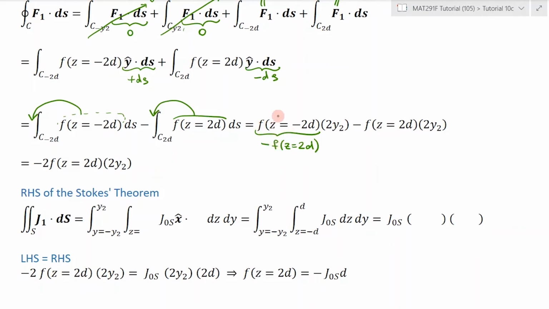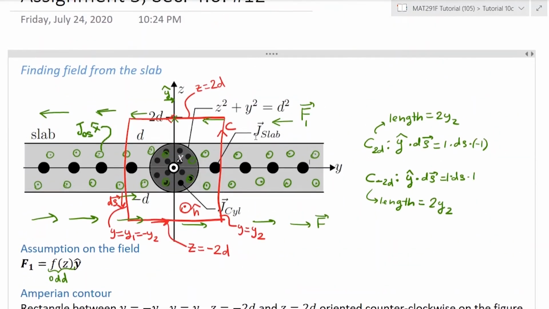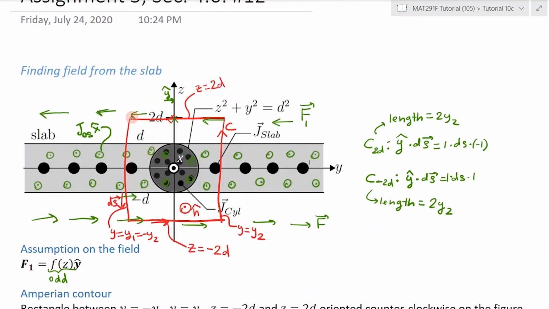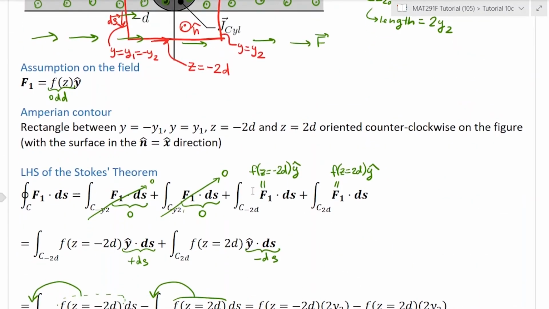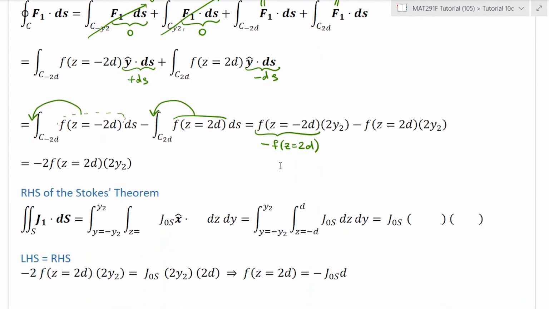Another explanation is that the y component flips sign on these two contours, so one is the negative of the other. Then plugging this in, we get this. So I just wrote 2 times this guy, and this would be the left-hand side simplified.